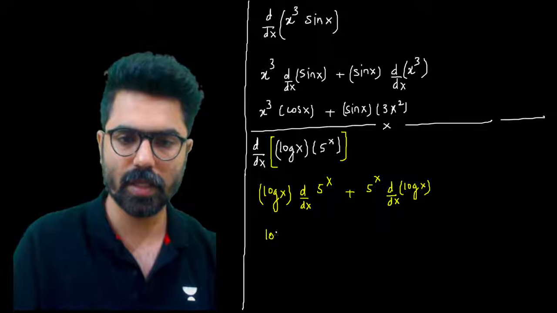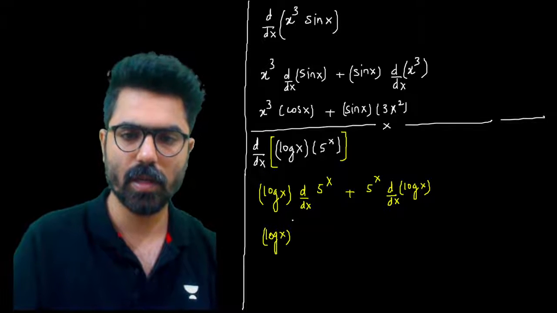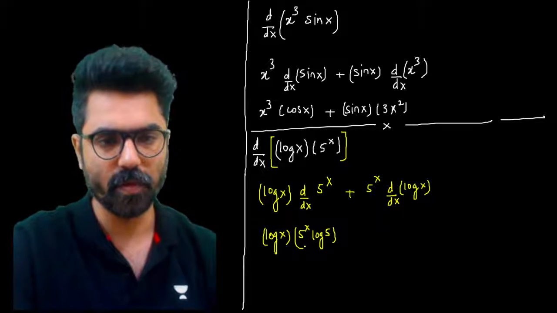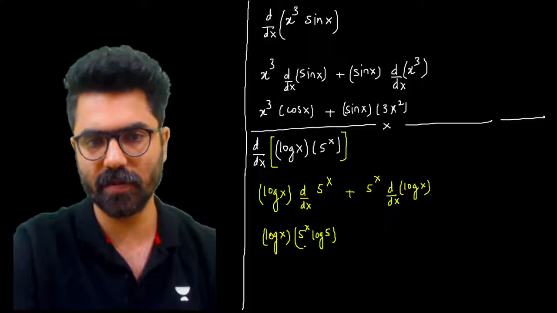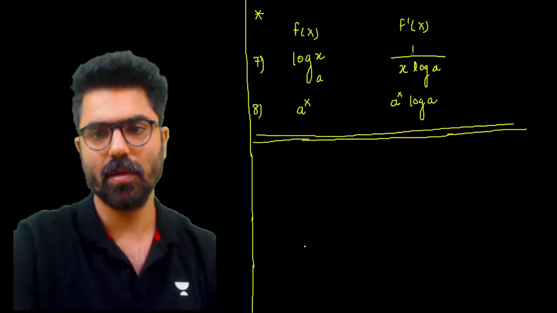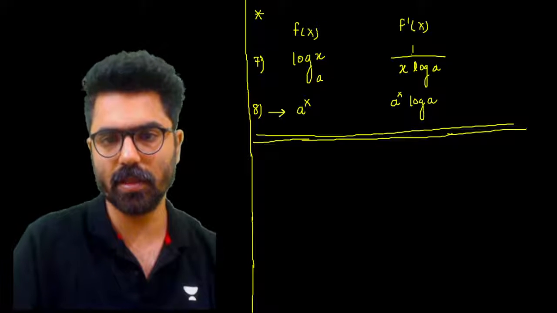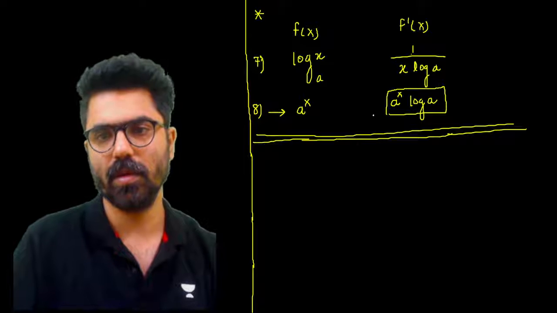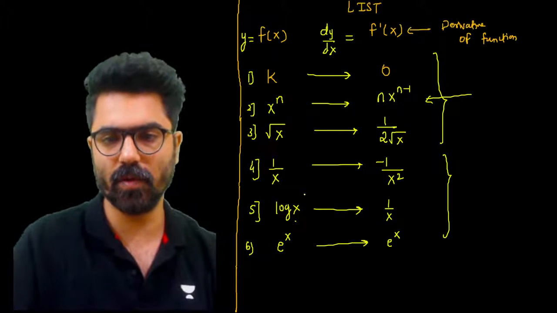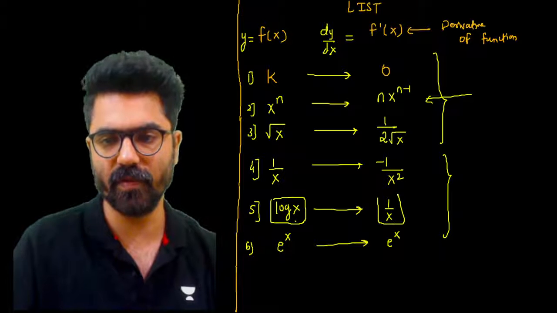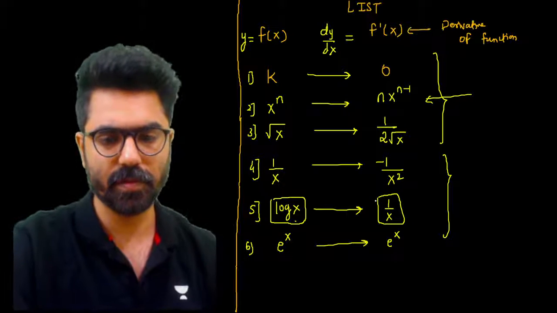Derivative of 5 power x is 5 power x log 5. This is the formula we have written before: derivative of a power x is a power x log a. And derivative of log x is 1 by x, which we have written before in the list.